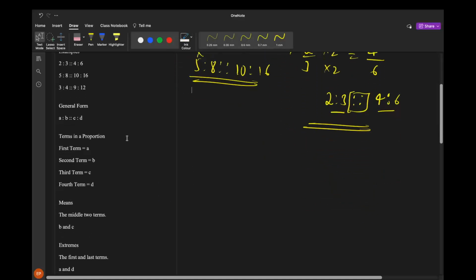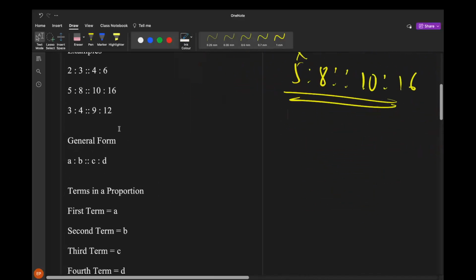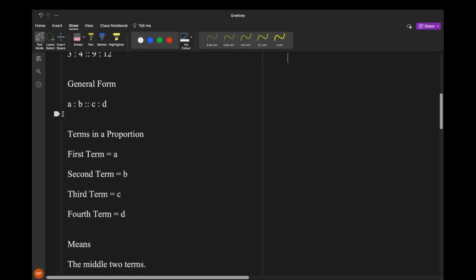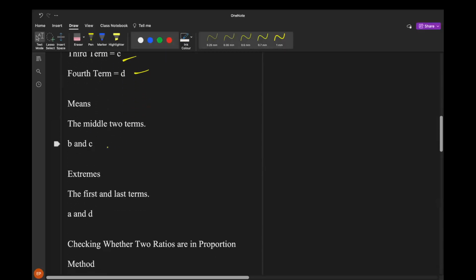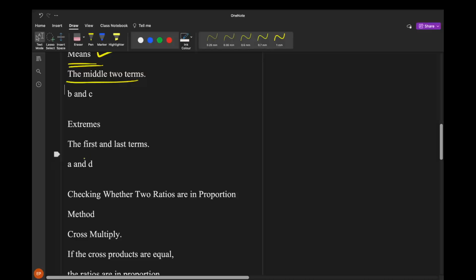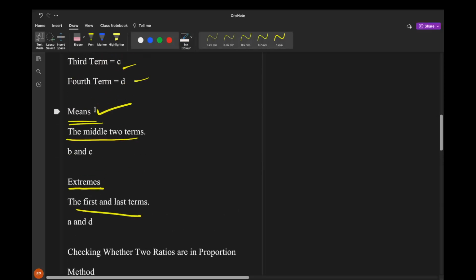So basically, what is the general form? Here is the general form: A is to B proportion C is to D. This is the first term, second term, third term, fourth term, right? Here, as I mentioned, A, B, C, D. These two middle terms, B and C, are called means, and the first and last terms are called extremes.